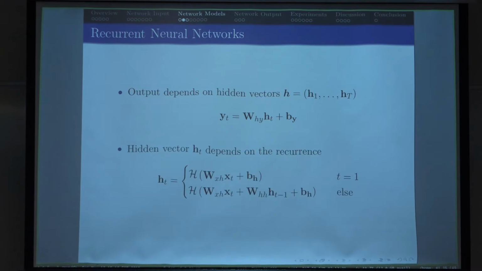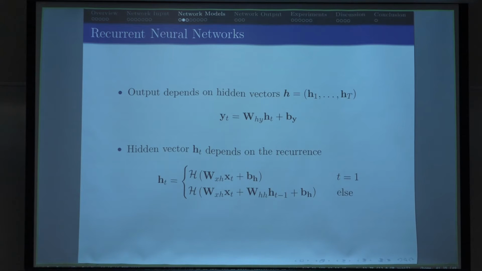And we compute h from the standard equations, which are very similar, with some nonlinear, generally sigmoidal or hyperbolic tangent function. And we have to keep in mind that when we're talking about the first input to the sequence, there is no such thing as h naught. It's just h1.